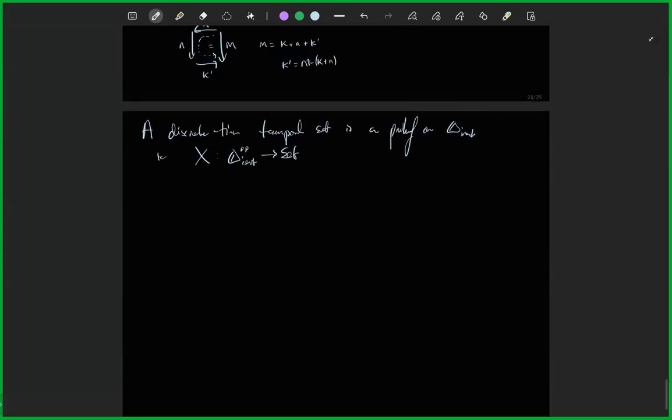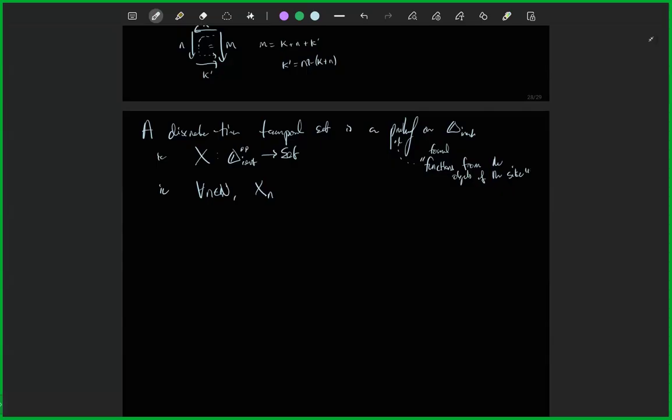So let's think about what that means, right? For any n, we get something called xn. It's generally a good idea to think of any pre-sheaf as formal functions from the objects of the site, and the site is the thing you're a pre-sheaf on.